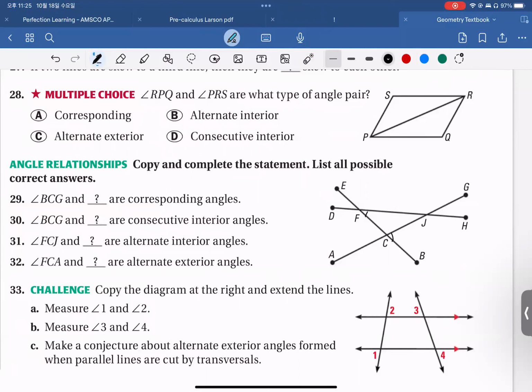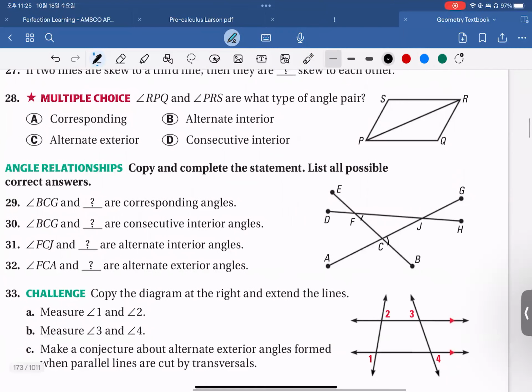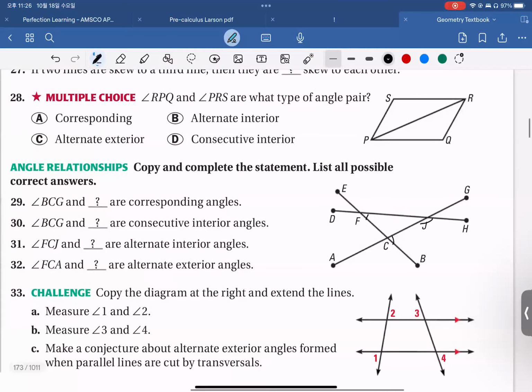Next, let's find two consecutive interior angles. BCG is once again here, and its consecutive interior angle would be something like angle HJC, because they would be in a consecutive relationship. And next, FCJ. Let's see, where is F?